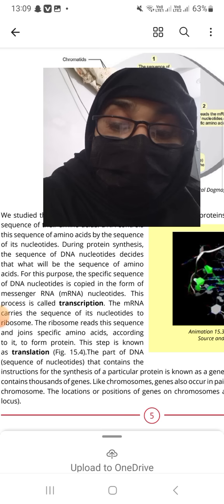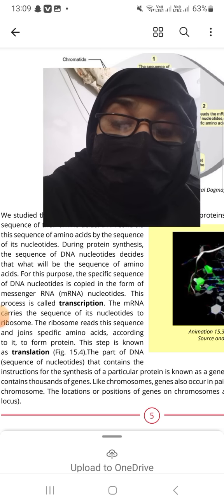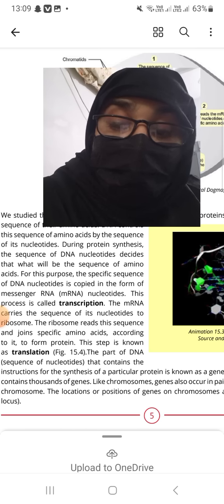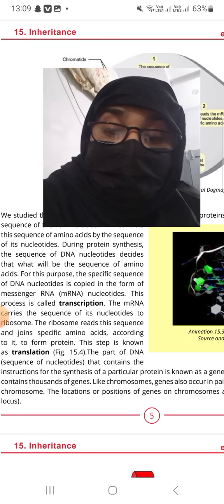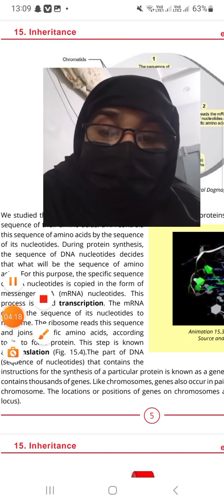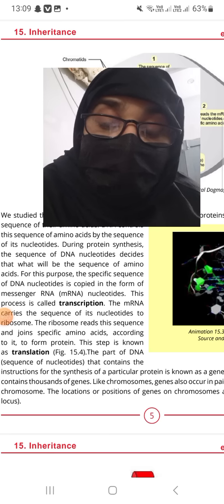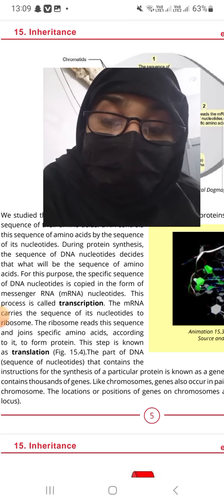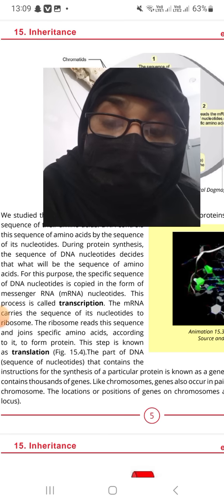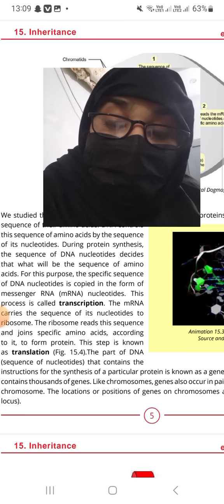Note that this is generated in thousands of genes, located in chromosomes at particular positions. The most important thing is that the mRNA sequence is joined to specific amino acids according to its portion in step 2, translation, figure 15.4.